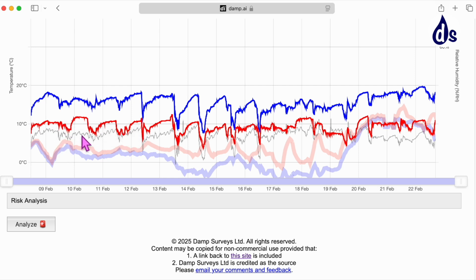If we look at this line here, this is the dew point differential, where in this case we're actually comparing it between two different properties, so that they don't have an effect on each other.